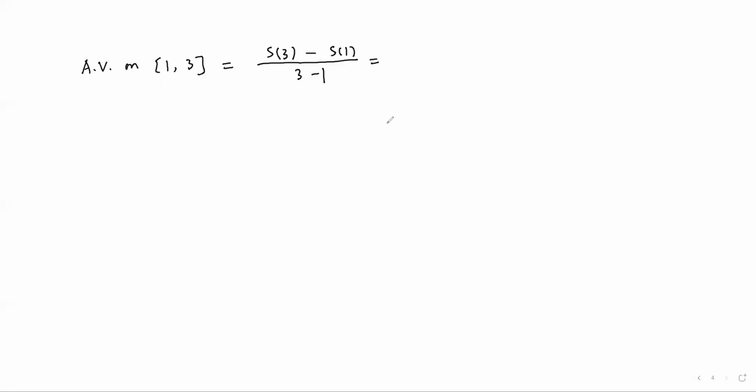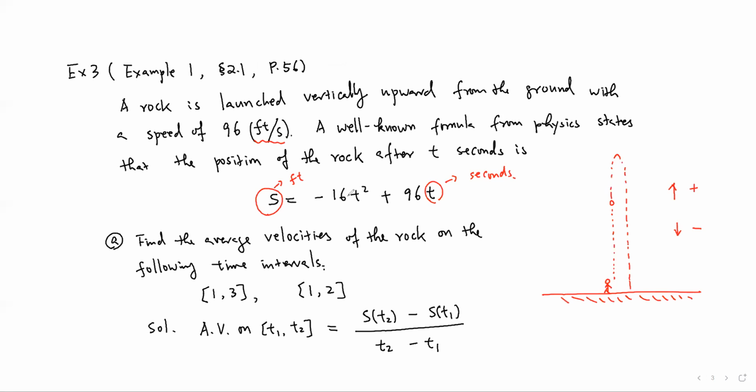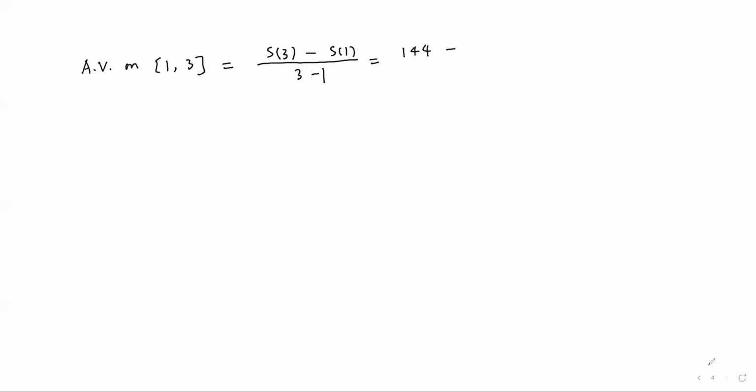It is 144. Now minus position at 1. Plug in 1 for t. Negative 16 times 1 squared plus 96 times 1. The position is 80 feet from the origin. Then over 3 minus 1. So it is 32. Average velocity, the unit is feet per second.